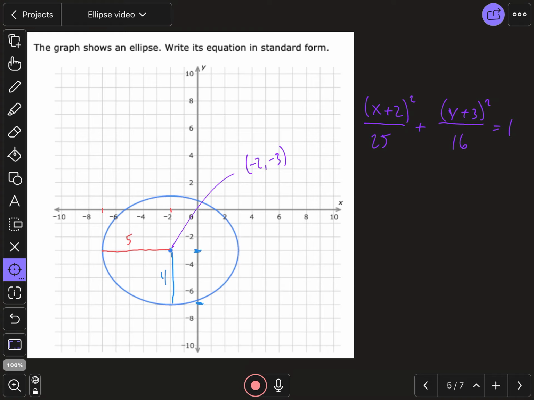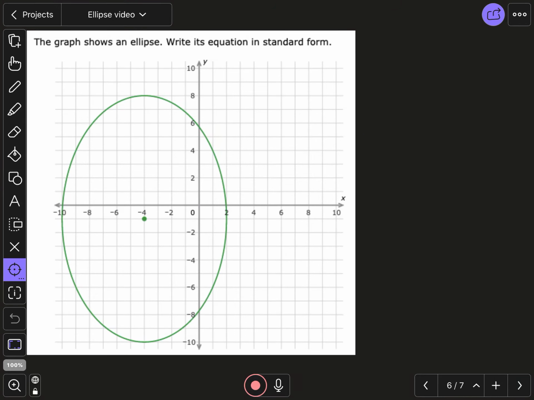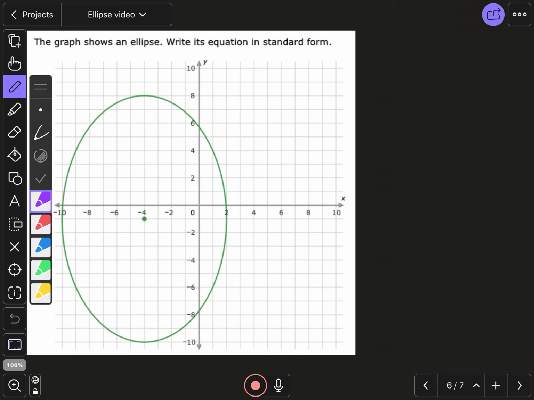All right, one more example, and then I'm going to do this one in the slower way, just in case you need to see that again, and then we'll be done. We're going to start by finding that center. So in this case, it'd be -4, -1. And it looks like this one's definitely longer in the vertical, so this will be my a. So that's from -1 to 8, which is 9 units.